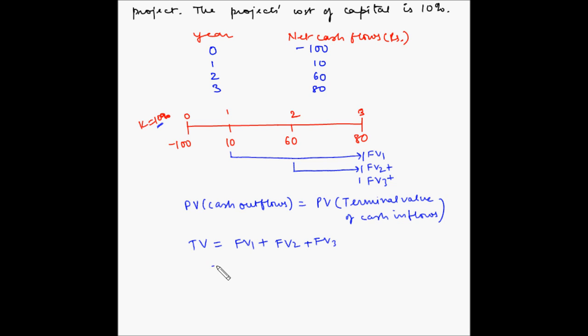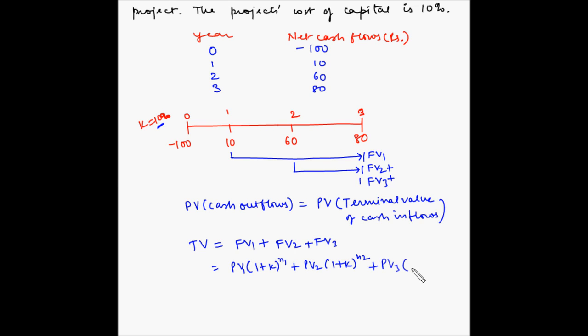Now we know the future value is nothing but PV1 into (1 plus K) to the power N1 plus PV2 into (1 plus K) to the power N2 plus PV3 into (1 plus K) to the power N3.